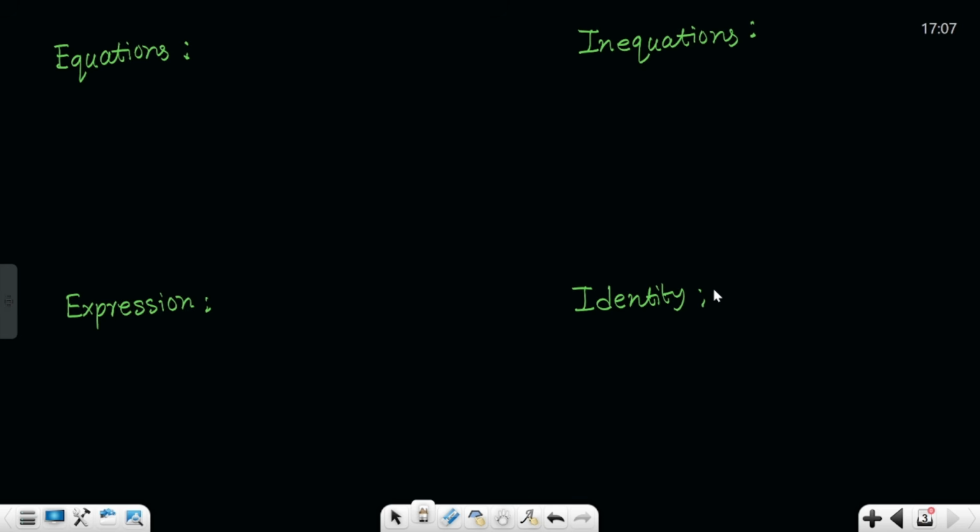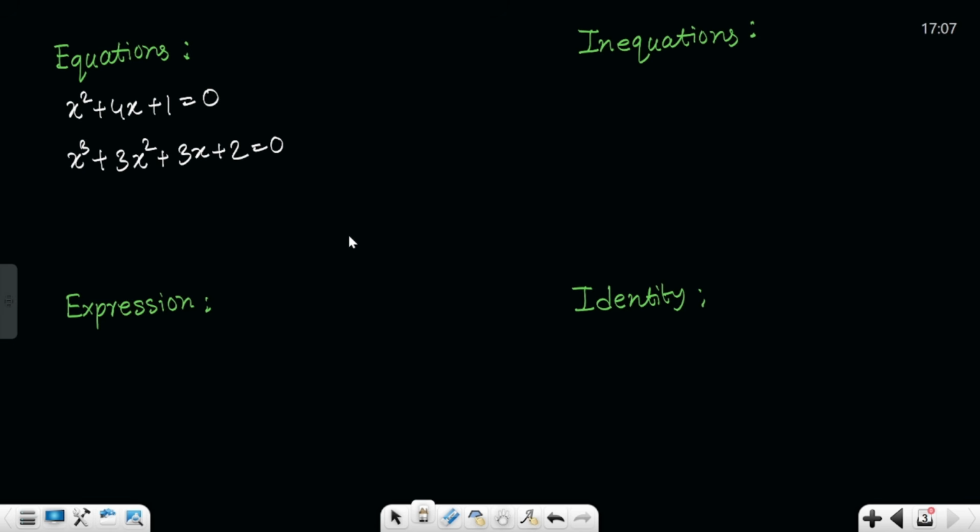So if I ask you what are equations, that is simple. You can write equations like x squared plus 4x plus 1 equal to 0, or you can write x cubed plus 3x squared plus 3x plus 2 equal to 0.